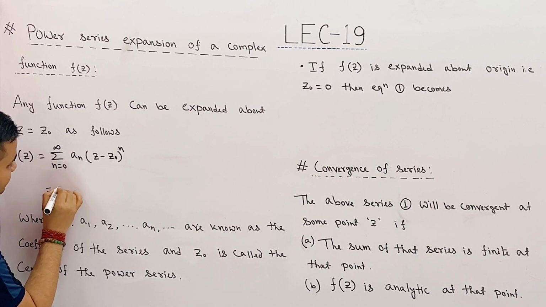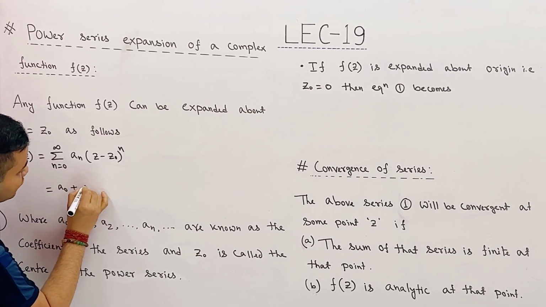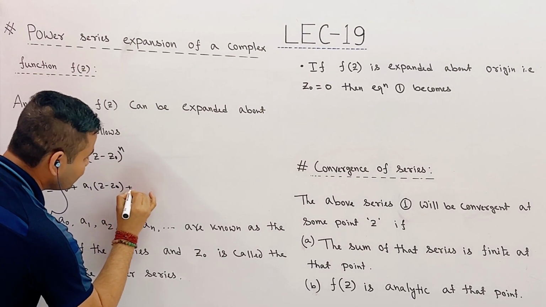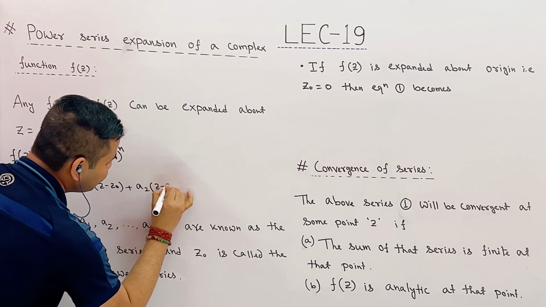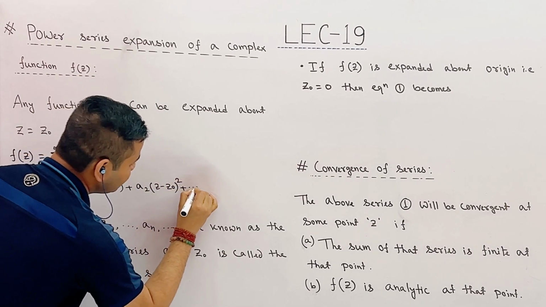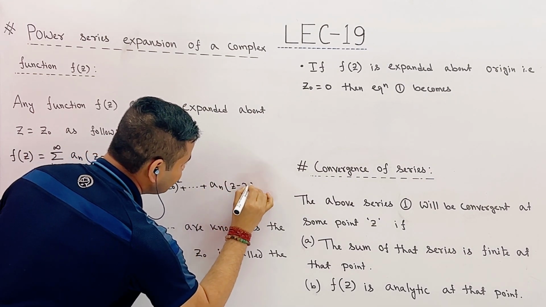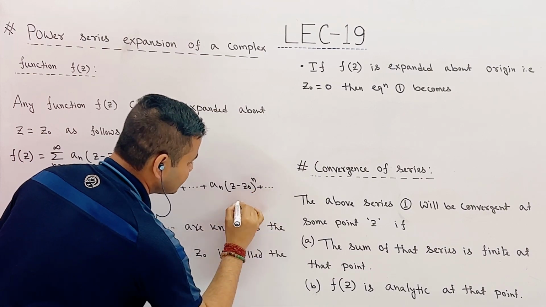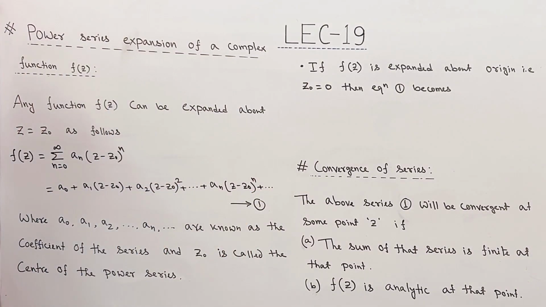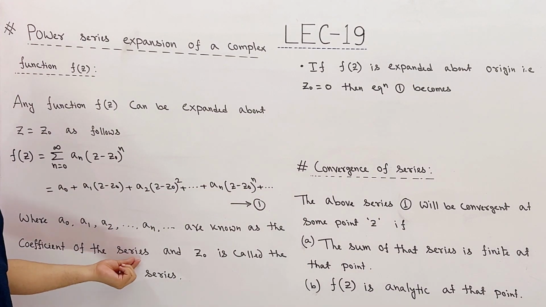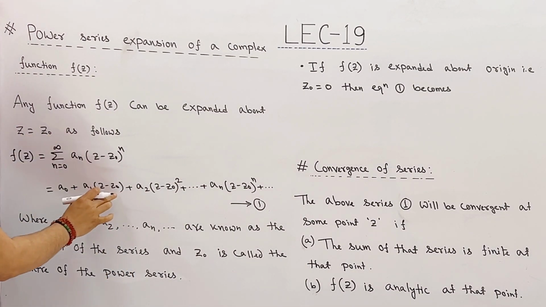The first term will be a naught, second term will be a1 into z minus z naught, third term will be a2 into z minus z naught whole square plus dot dot dot plus a n into z minus z naught whole to the power n plus dot dot dot. Suppose this is equation number 1. Here a naught, a1, a2 dot dot a n are known as the coefficients of the power series, and z naught, that means this one, is known as the center of the power series.